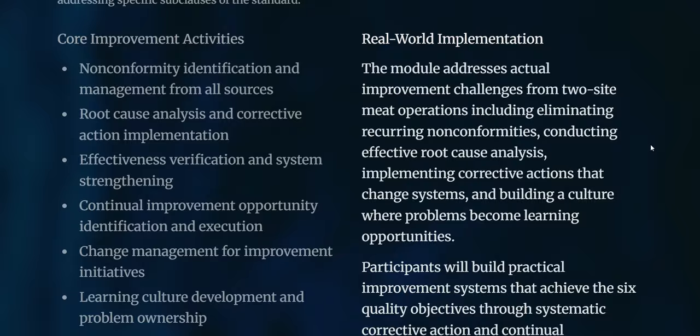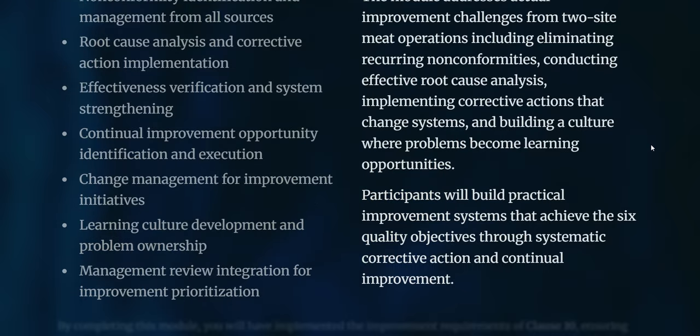Then in the real-world implementation of our case study, this module addresses actual improvement challenges from the meat operations, including eliminating recurring nonconformities, conducting effective root cause analysis, implementing corrective actions that change systems, and building a culture where problems become learning opportunities, not blame.